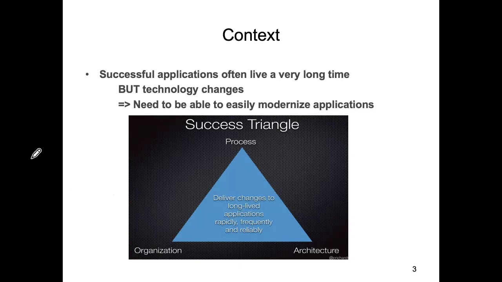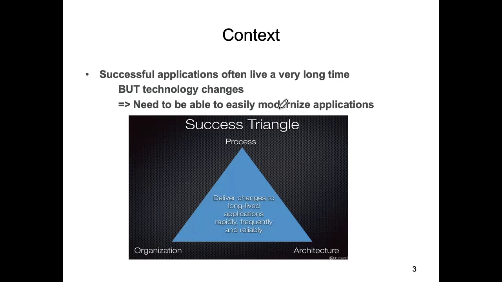We've got software that the customer is happy with, but it's running on legacy technology. Can we somehow upgrade the technology stack, but still reuse the existing or a lot of the existing software? That's what I mean by modernization.